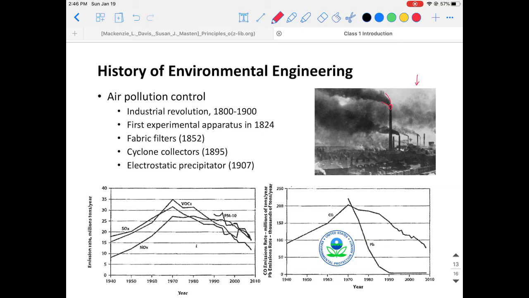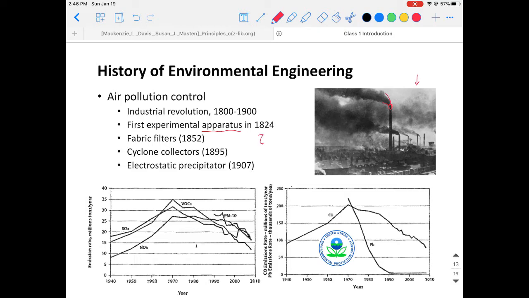And the first experimental apparatus was built in 1824. And people also designed all different types of techniques, for example, fabric filters, cyclone collectors, electrostatic precipitators, before or close to 1900.